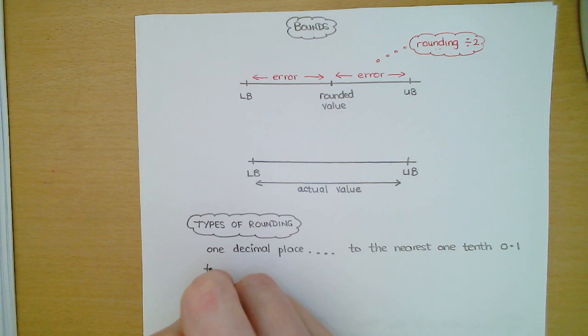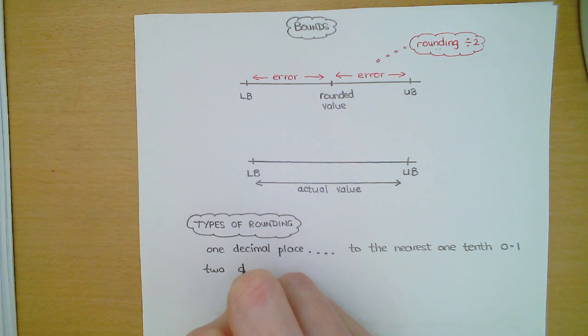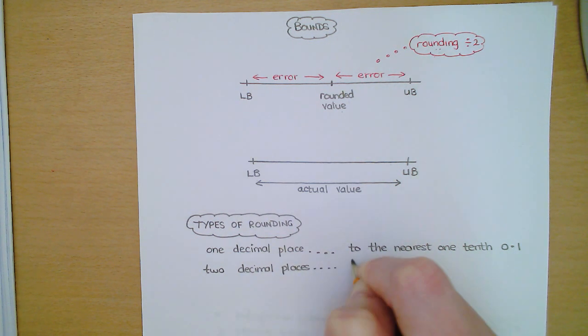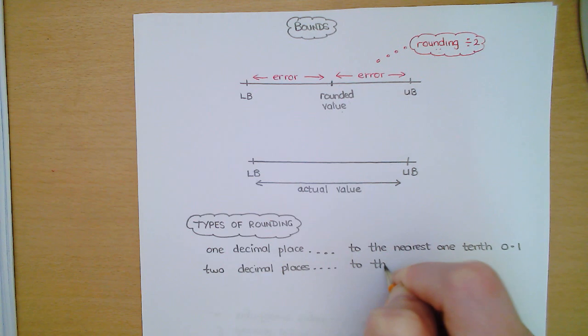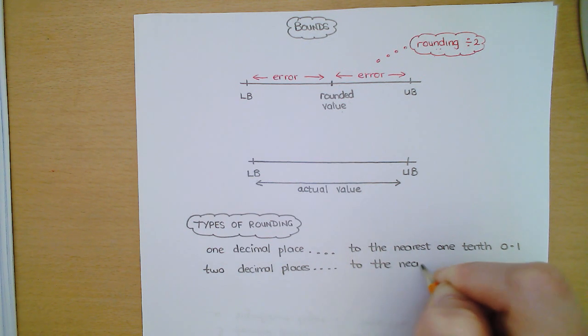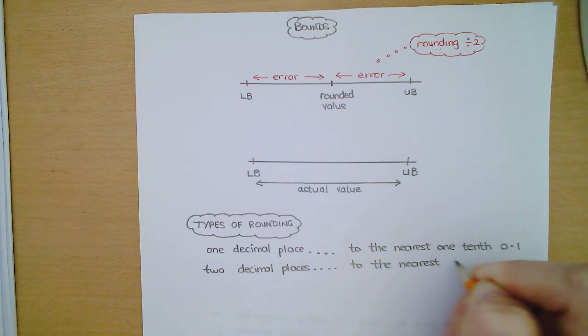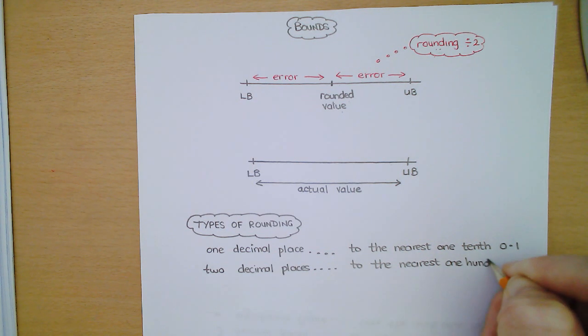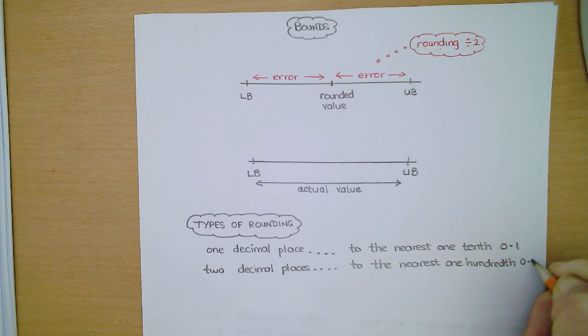Likewise, if you're rounding to 2 decimal places, we're rounding to the nearest 1/100th, because 2 decimal places is the hundredths column, and that would be 0.01.